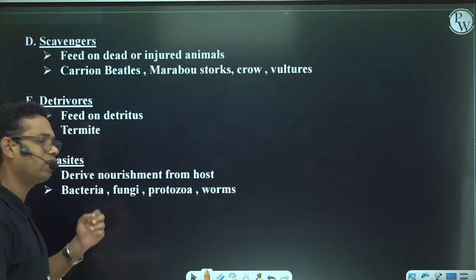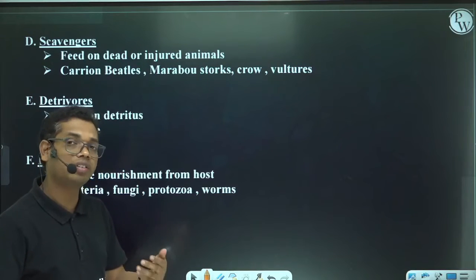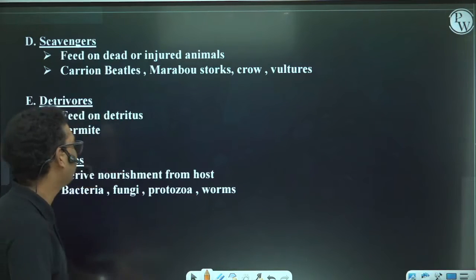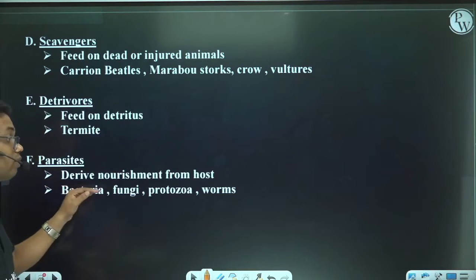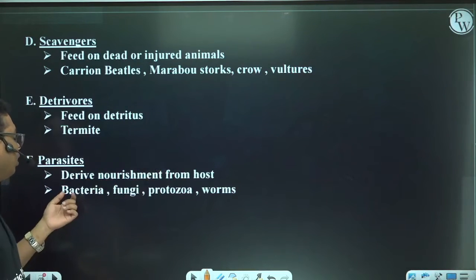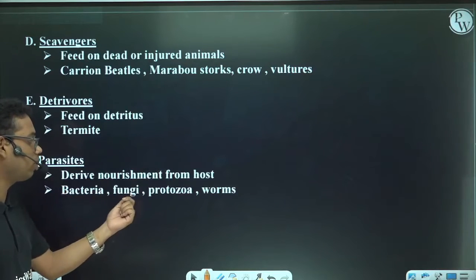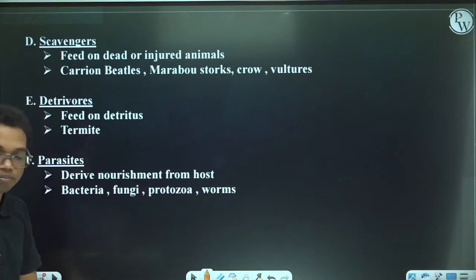I can take the example of fallen leaves or twigs or dead animal body or human excreta, etc. They will come under detritus. An example is termite. Parasites are those organisms which obtain their nourishment from the host. Examples are parasitic bacteria, parasitic fungi, parasitic protozoa or worms. These are the examples of parasites.